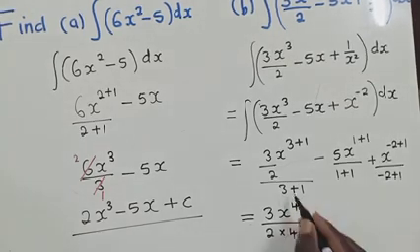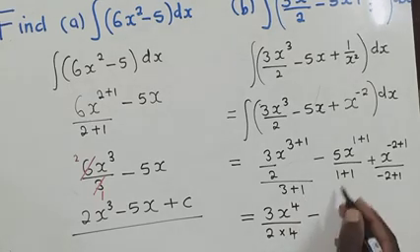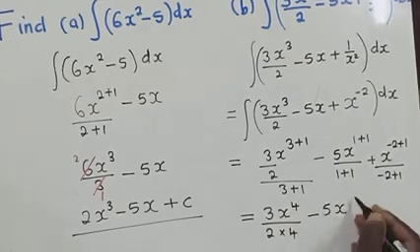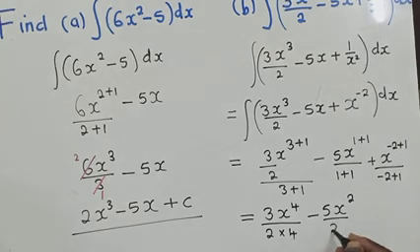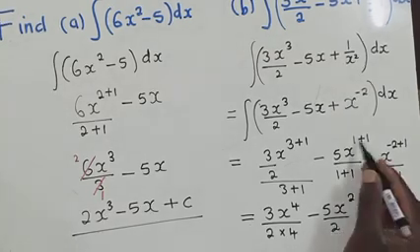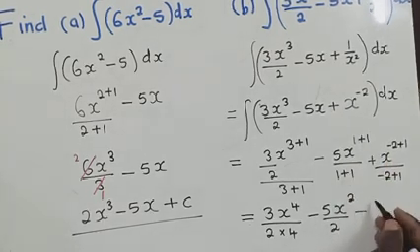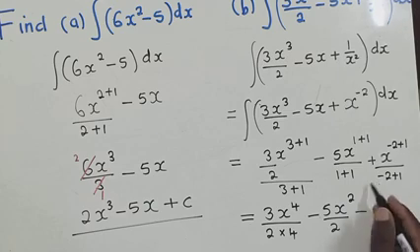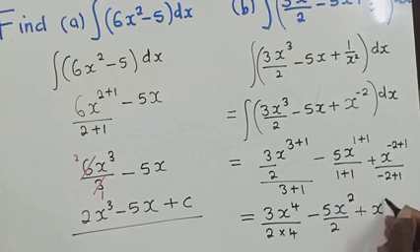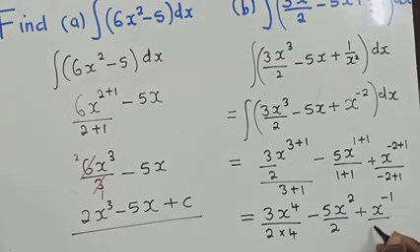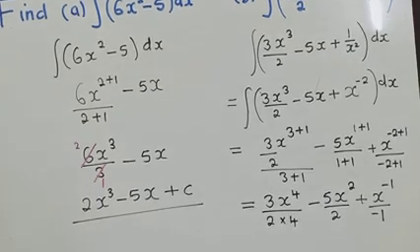This is the 4 we're talking about. Minus 5x power 2 over 2. When we add here, we get a 2. Here, we get a 2. Here we have plus x power 1 over negative 1. This one is giving us negative 1. Even here, negative 1. Good, we're almost there.